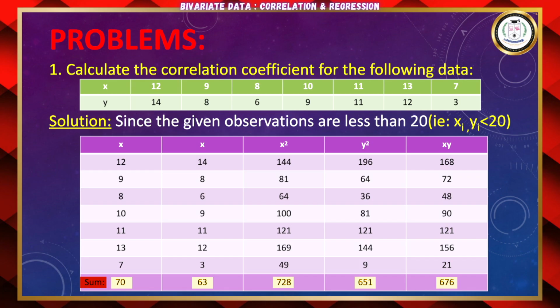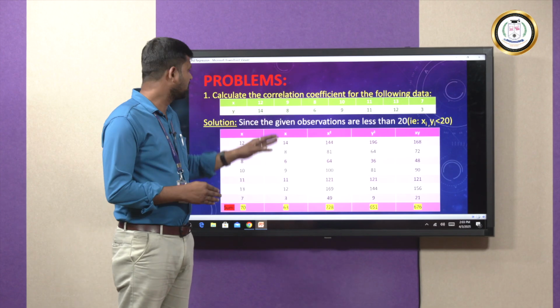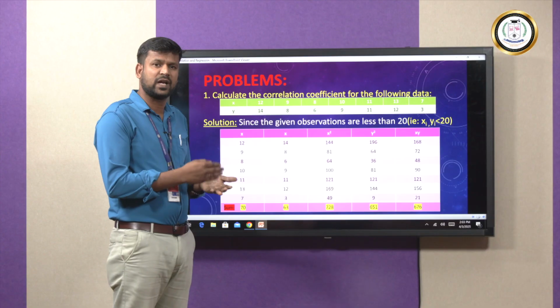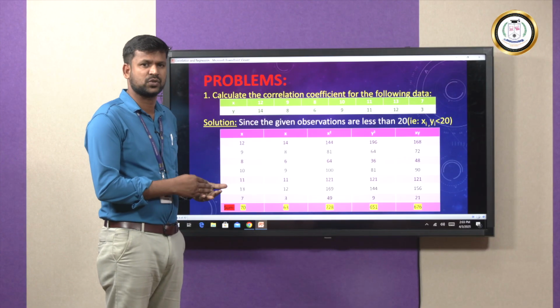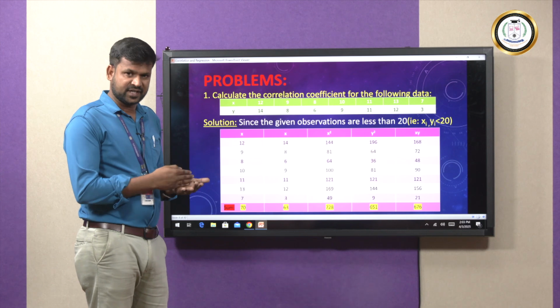So here we have a question. Let it be x and y directly, without mentioning what they are. Both x and y are less than 20, for example 12, 9, 8, and similarly in y. So we use the formula with summation x as it is and y as it is.